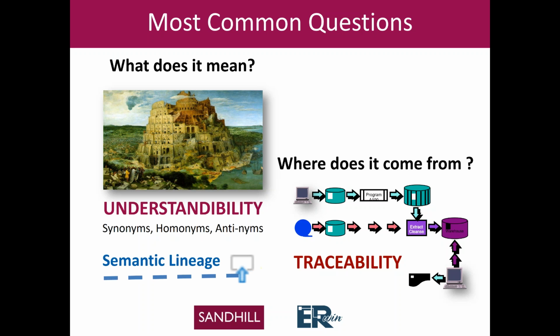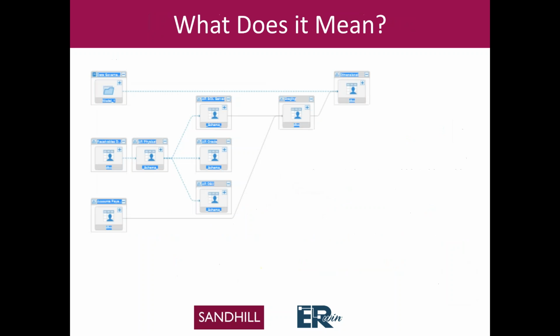Well, really understandability comes from a semantic lineage, and I call that a vertical type of lineage, that you're going up and down basically from the business to IT and back again. And on the data movement side, we're really talking about data flow, which is more of a horizontal flow that we go from transactional systems through our data warehouse out to reporting. And what does it mean? Well, frankly, as we start to look at it, we want to look at it two ways.